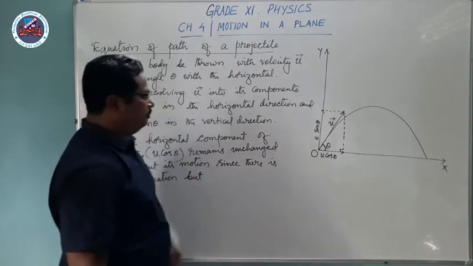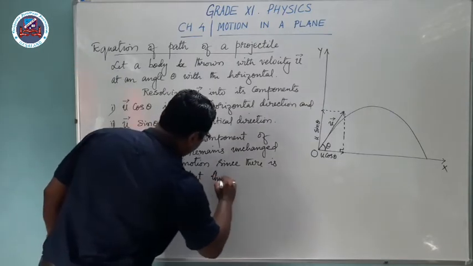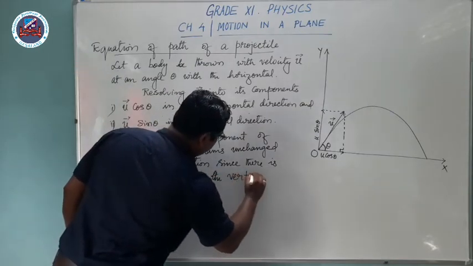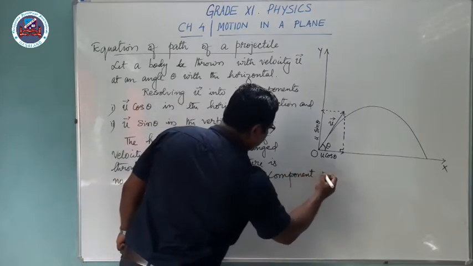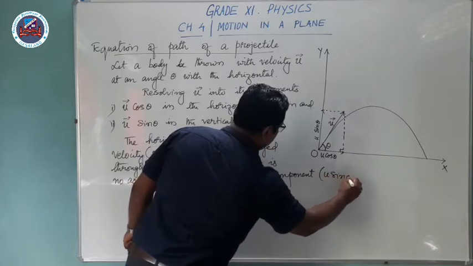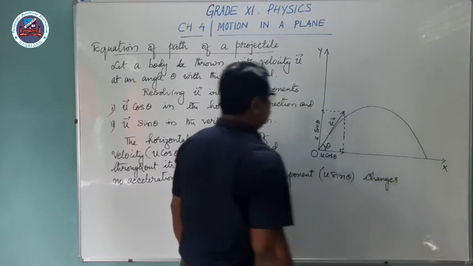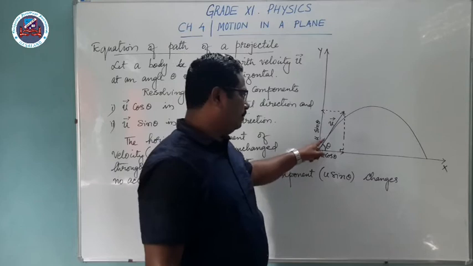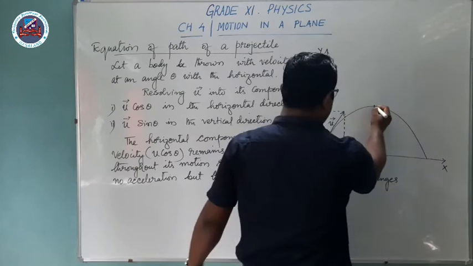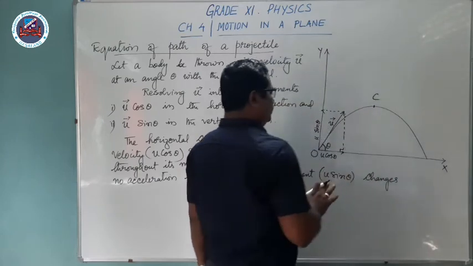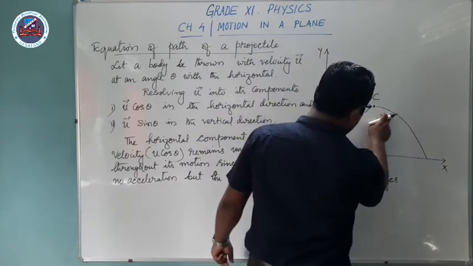but the vertical component of velocity, that is u sin theta, will keep on changing. Why does it change? Because when it is going up, the velocity will become less and less as it reaches the highest point, C suppose, then it will stop there and become 0. Then again the velocity will become more and more.